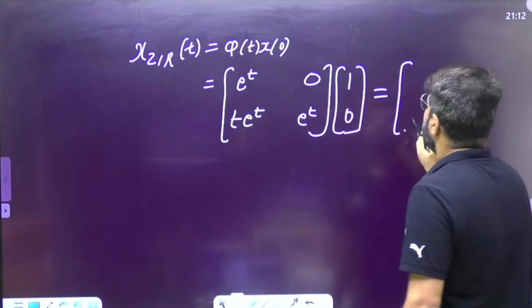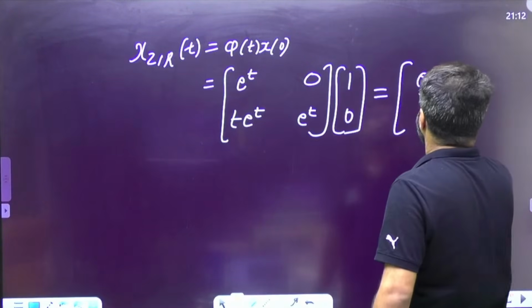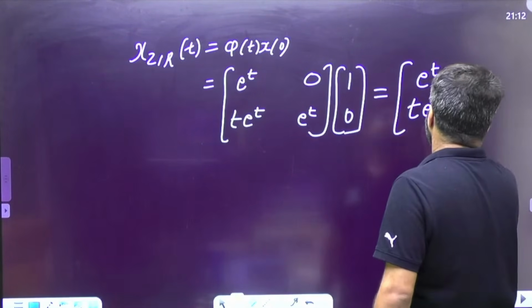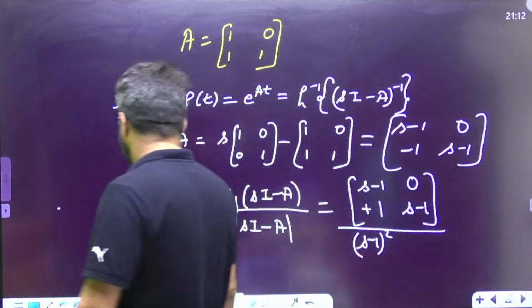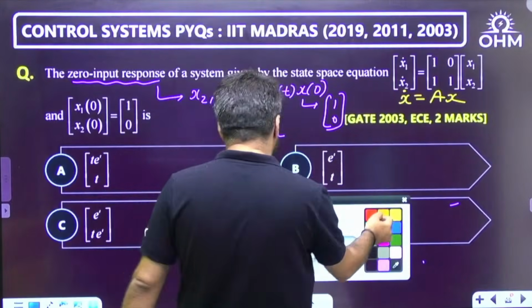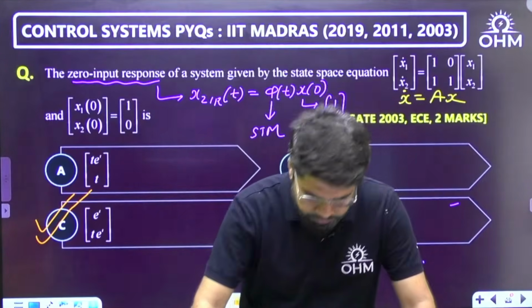First row, first column: e power t into 1 and then 0, so e power t. Then second row: t e power t and then 0, so t e power t. This is the answer: e power t, t e power t, option number C. That is the zero input response.